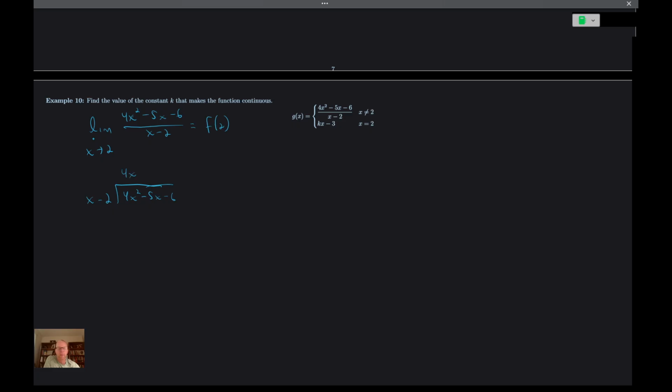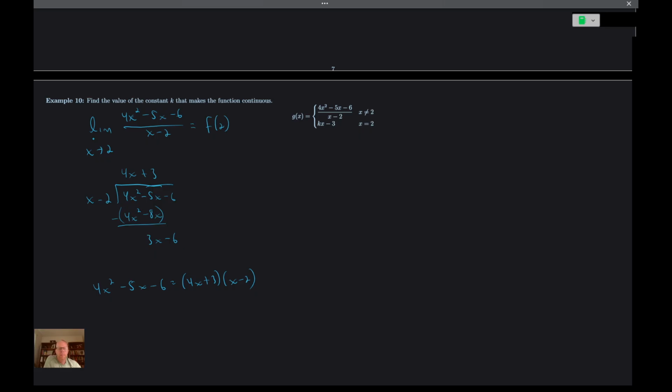So we get 4x squared minus 8x. Then you subtract. So we get 3x minus 6, and x goes into 3x 3 times, so 4x plus 3. So 4x squared minus 5x minus 6 factors into 4x plus 3 times x minus 2.